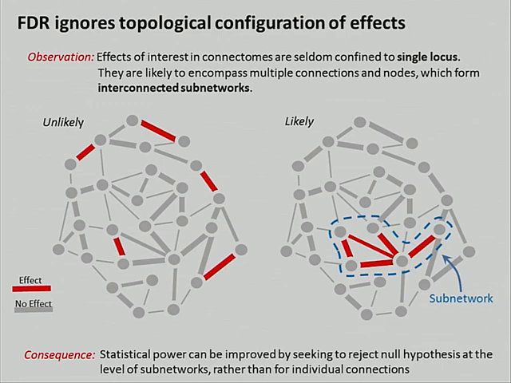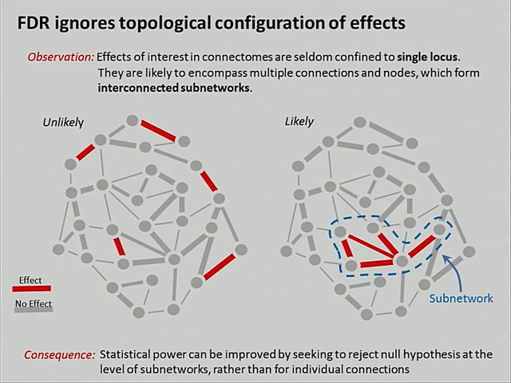Now, in brain networks, we very often see that effects in a connectome are seldom confined to a single locus. As I've shown in the left network there, it's very rare that we see one effect in a connection up here and another effect somewhere else in the network. We're more likely to see that these effects, so for example, between group differences or correlation with a behavioural measure, encompass multiple connections and nodes which form an interconnected subnetwork, as I've shown in the network on the right.